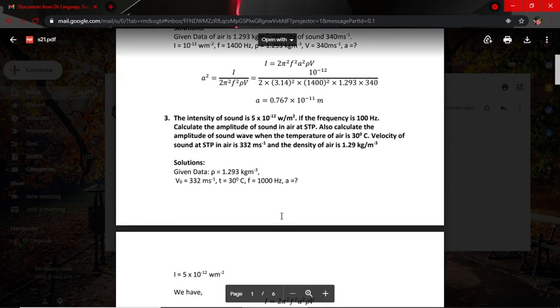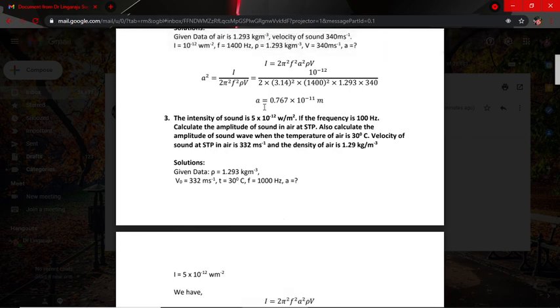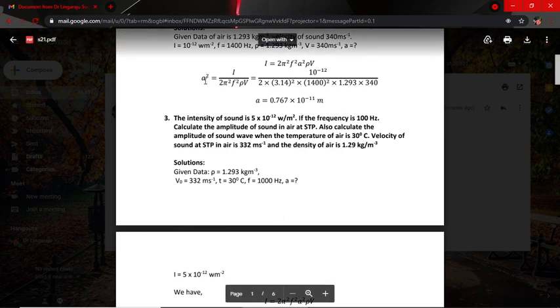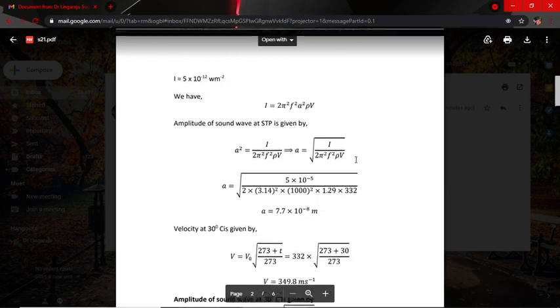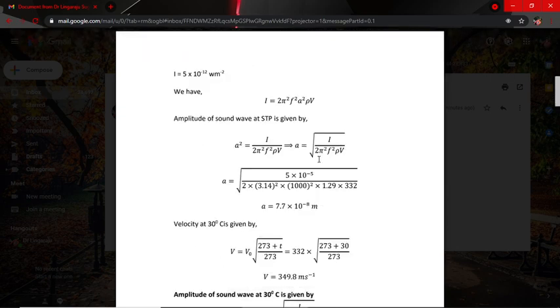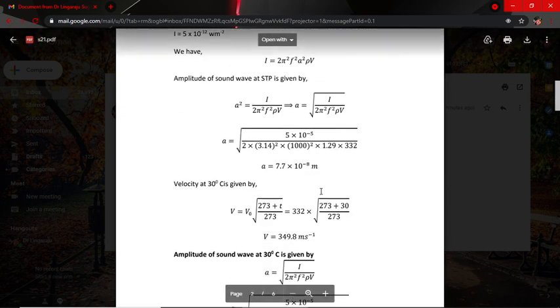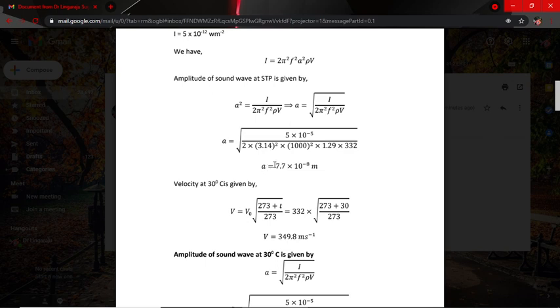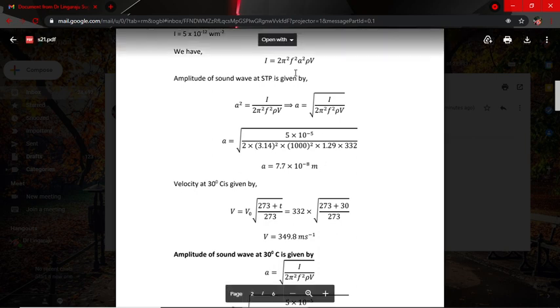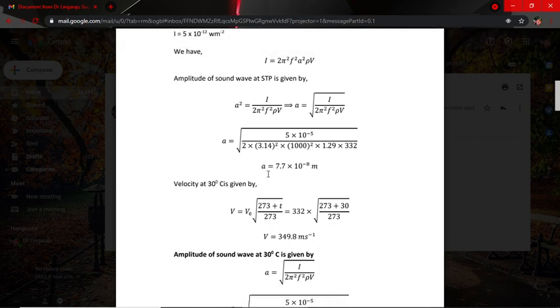In the previous formula we calculated A square and then took the root of the values, but here we initially take the root. So now we are getting the amplitude, A equal to 7.7 into the power of minus 8 meter. After substituting all this data in the formula, we get A equal to 7.7 into the power of minus 8 meter.